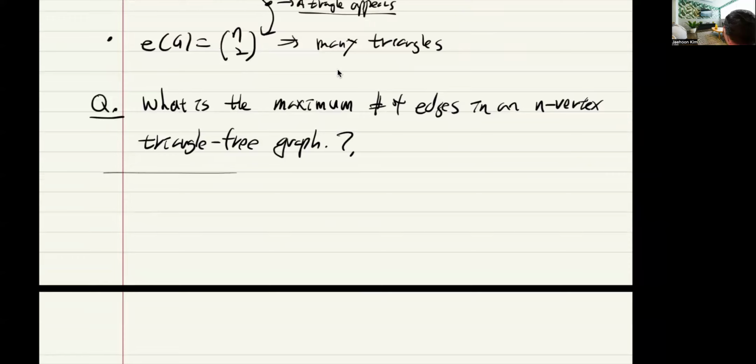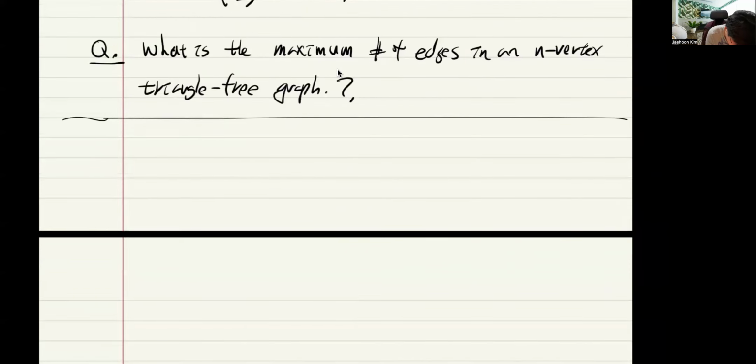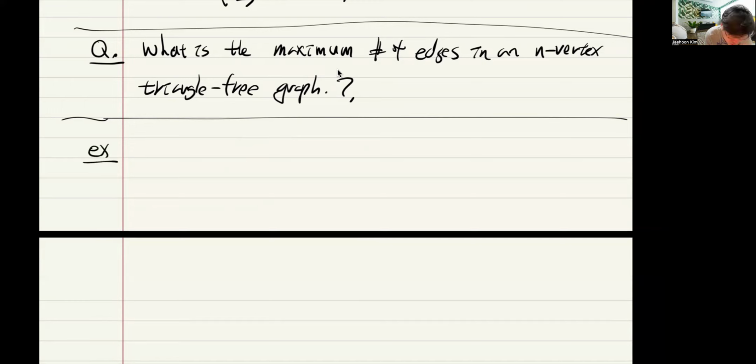Okay. In order to study this kind of question, what should we do first? We should try to find the candidates which achieve this maximum number. So how can you come up with an example of a graph which has lots of edges but no triangle?